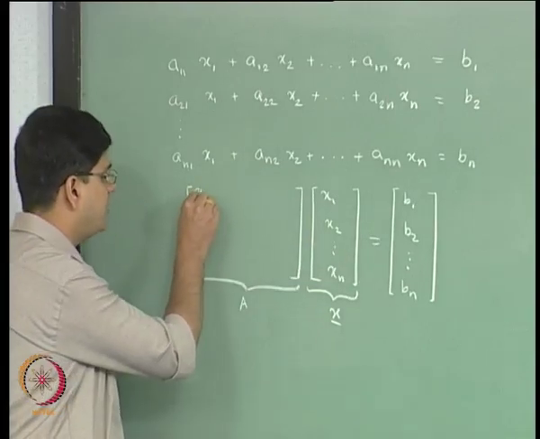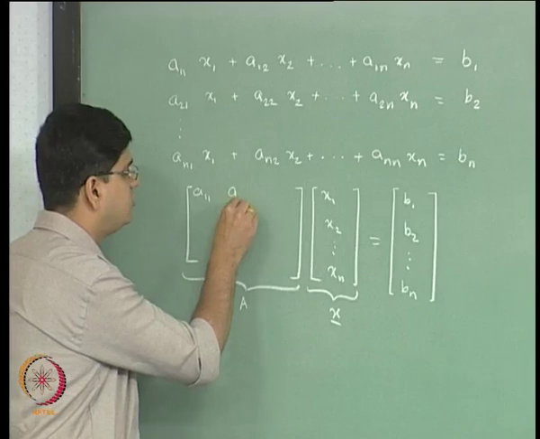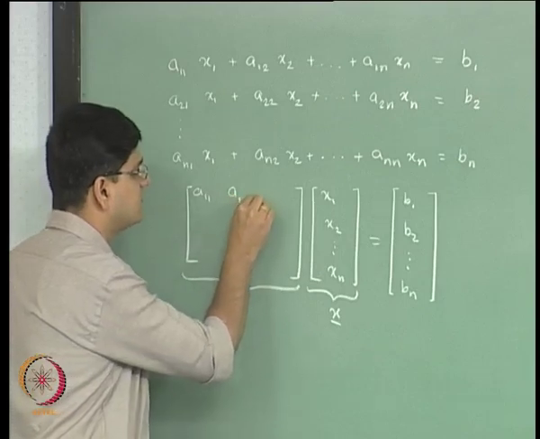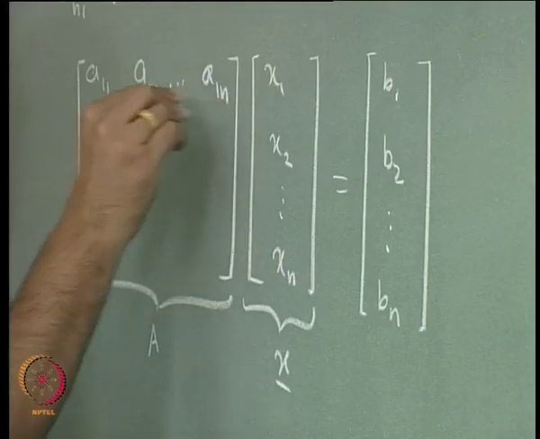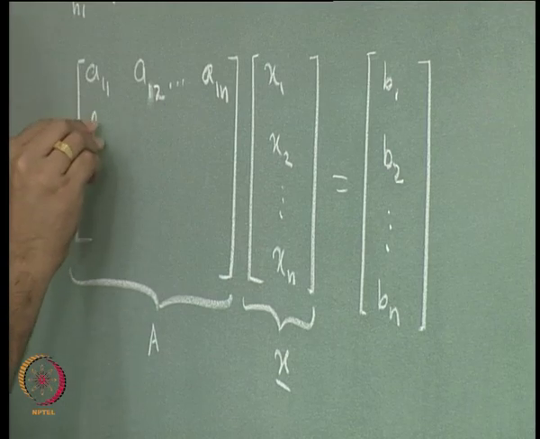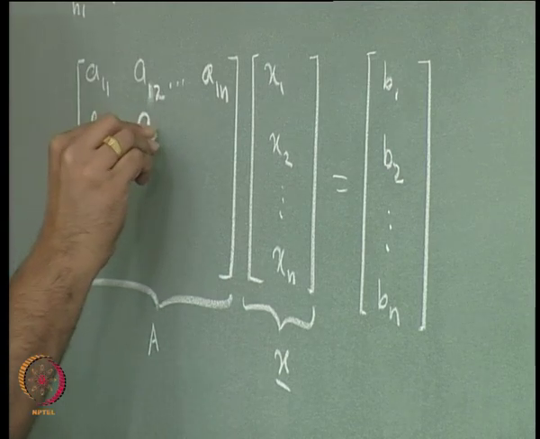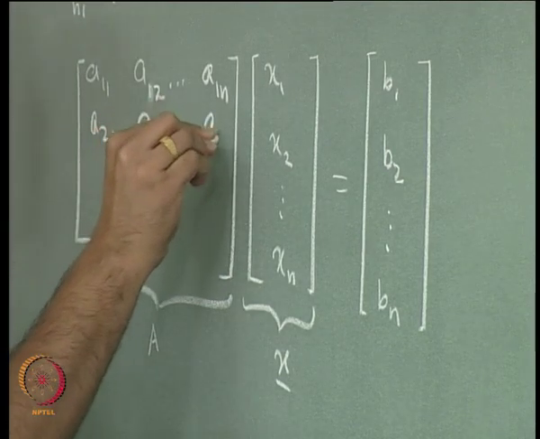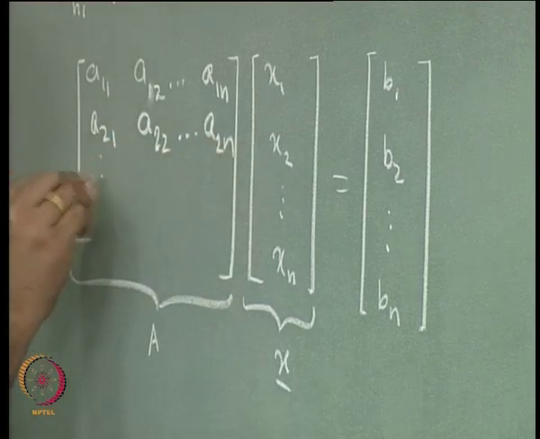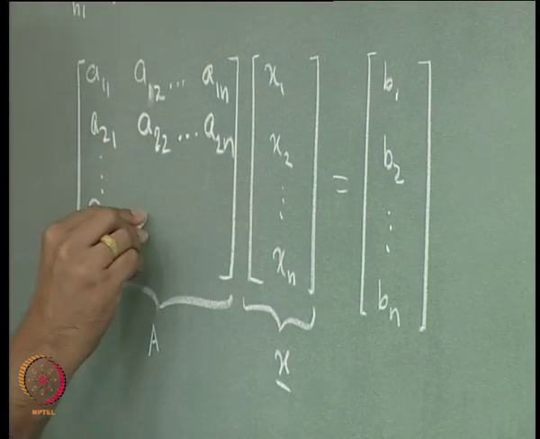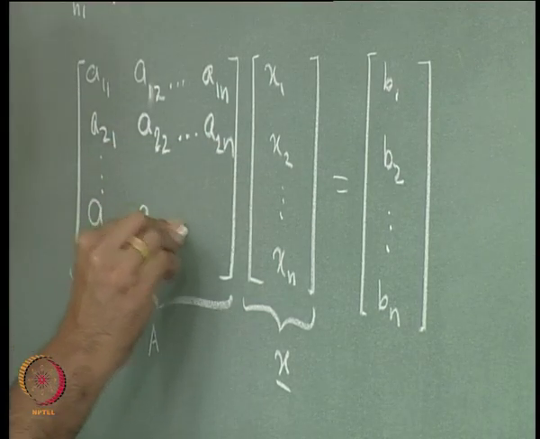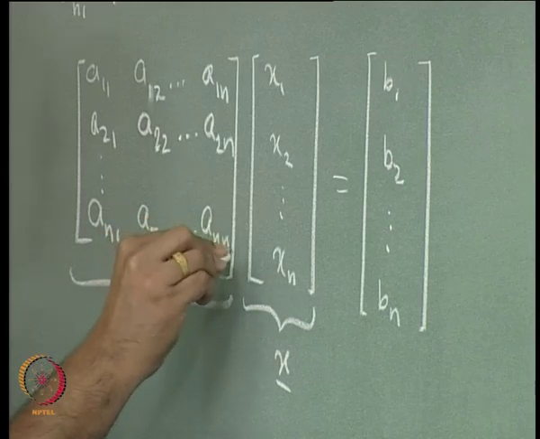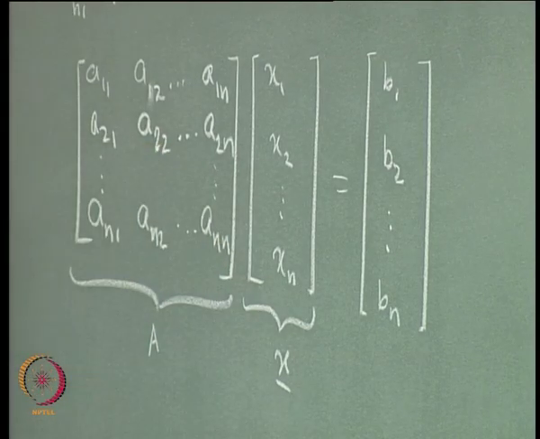So, we will have a11, a12 and so on up to a1n as the first row, a21, a22 and so on up to a2n as the second row, and an1, an2 and so on up to ann as the nth row.